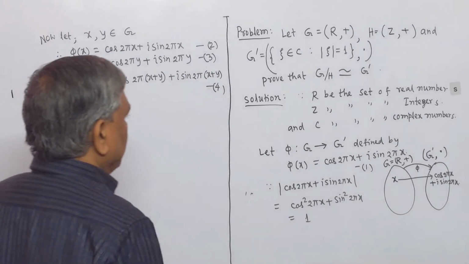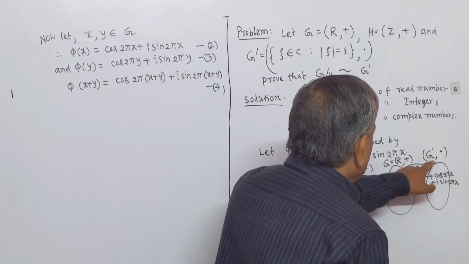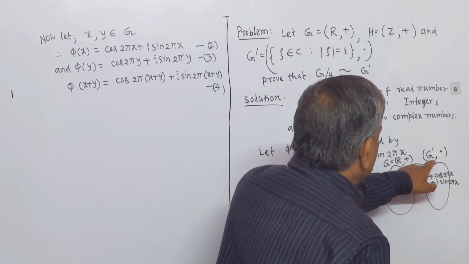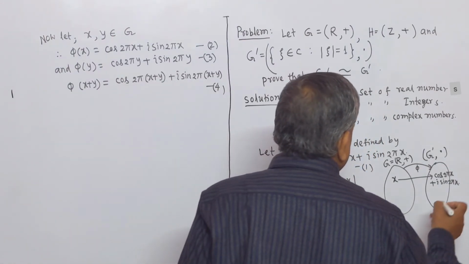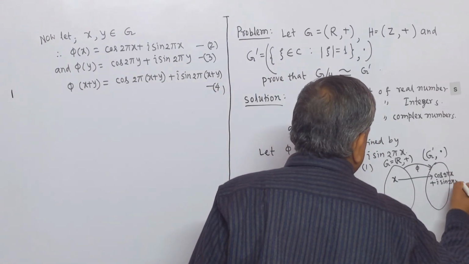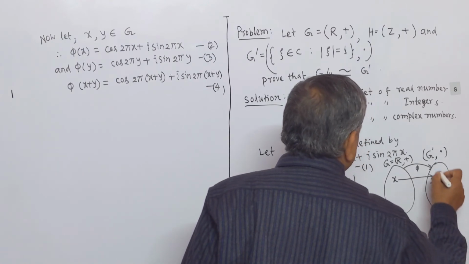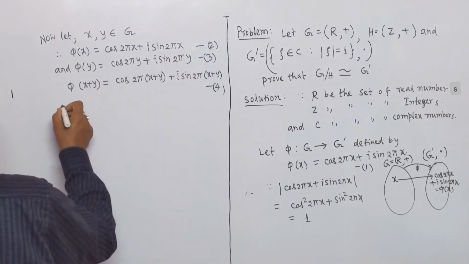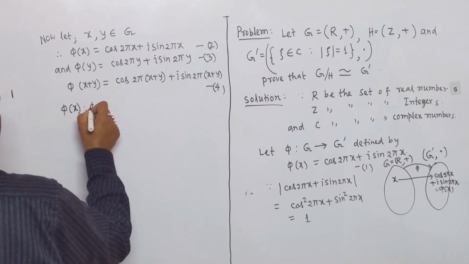Since G prime is a group with binary operation multiplication, phi x, phi y belong to G prime, and we take operation phi x multiply phi y.